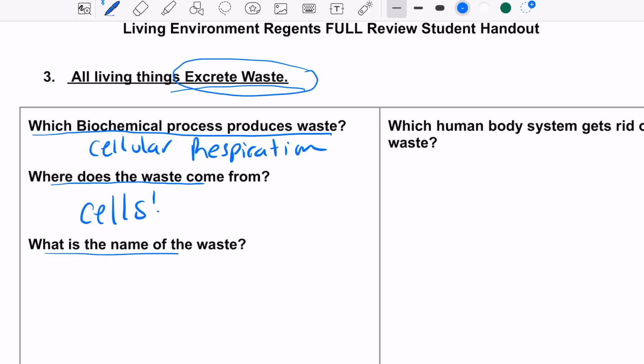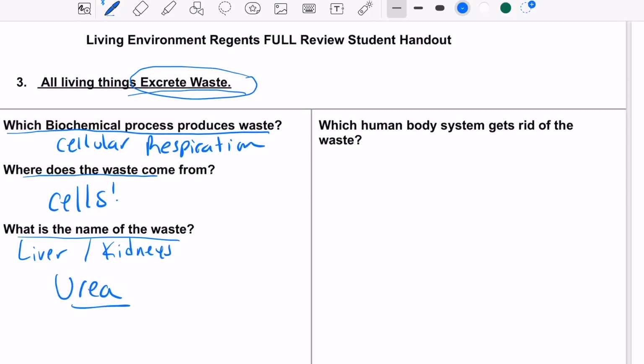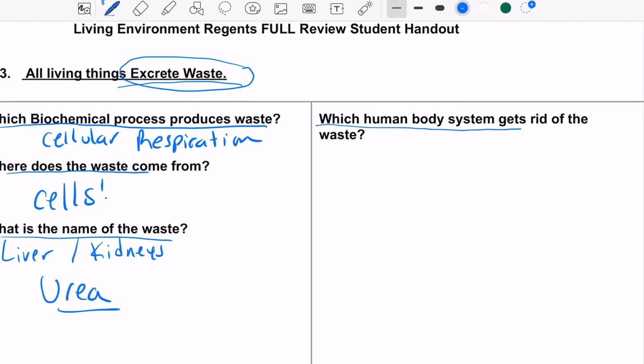What is the name of that waste? When you make that waste, it is then filtered out in your blood. Your liver processes this. Your kidneys filter this, and it's called urea. Which human body system gets rid of waste?